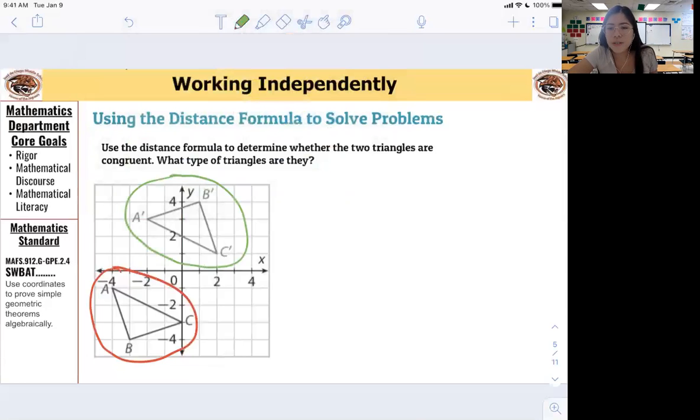I'm just going down in alphabetical order on what it says on my Zoom. So for my red triangle, that's going to be Rios, Eric, Tyrone, and Janelis. And for the green triangle, it's going to be Samaj, Emily, Jalen, and Perla. What I need to know is, are they congruent? And what type of triangle is it?